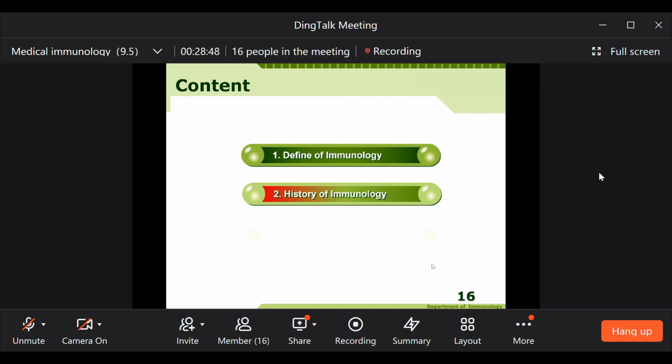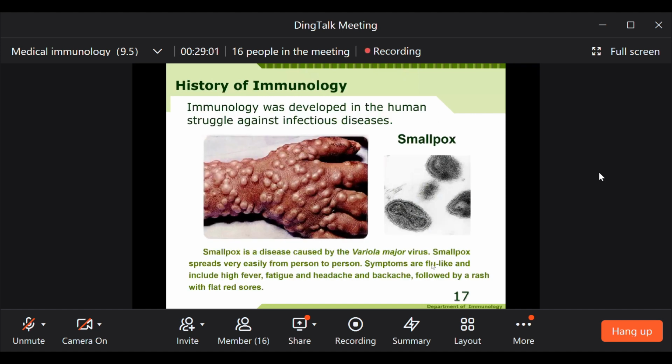And part 2 is where we introduce the history of immunology. Immunology arose from the human struggle against infectious disease. The most representative is the battle against smallpox.